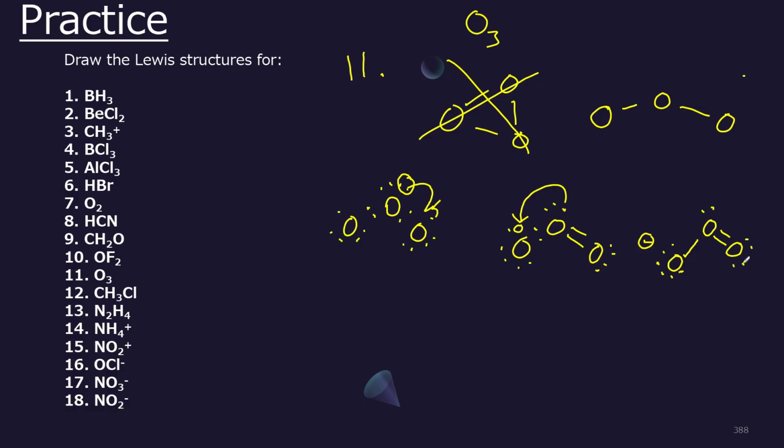Okay, so you might say, well, this doesn't make sense. This is now negative, but the original O3 formula up top here doesn't have any charge, right? That's true, and the thing is, when I broke apart that lone pair on the middle oxygen and I gave 1 electron to the bottom left one, now that top oxygen is forming 3 bonds with 1 lone pair. That's 1 more bond than oxygen usually forms, and it's given away an electron. That means the middle oxygen here has a positive charge.